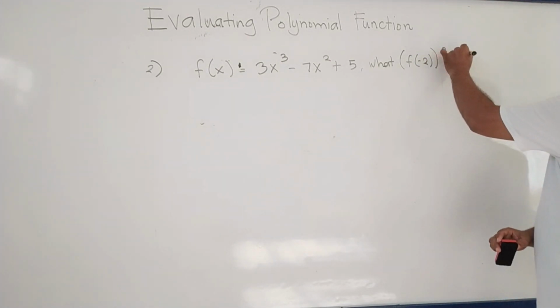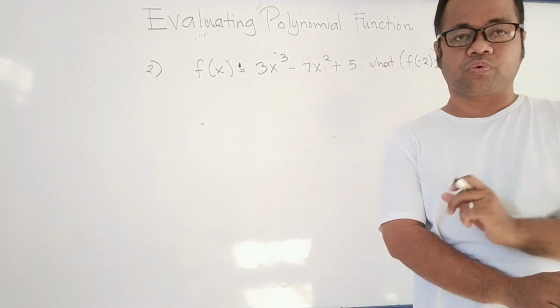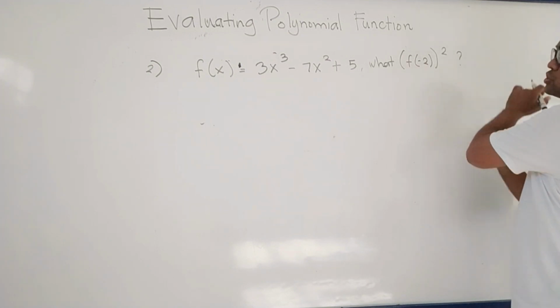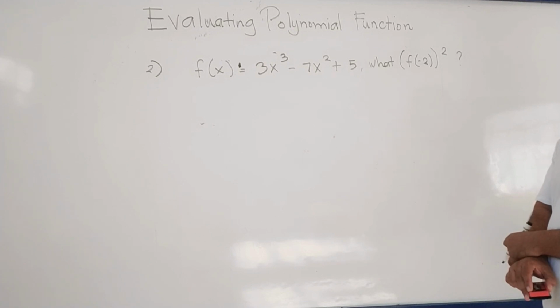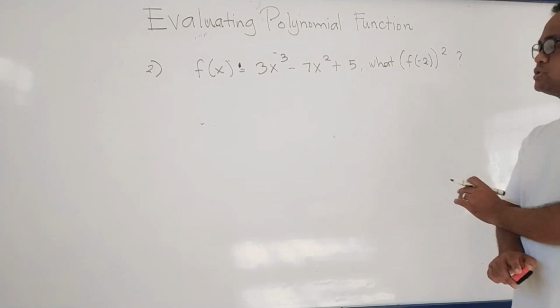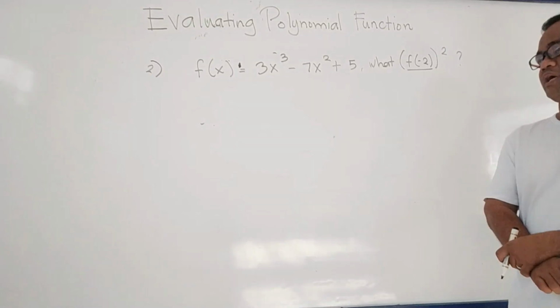Okay. F of negative 2 squared, or you are asked to find f of negative 2 squared. Okay? So, for us to get the value of f of negative 2 squared, we need to get the value of f of negative 2.